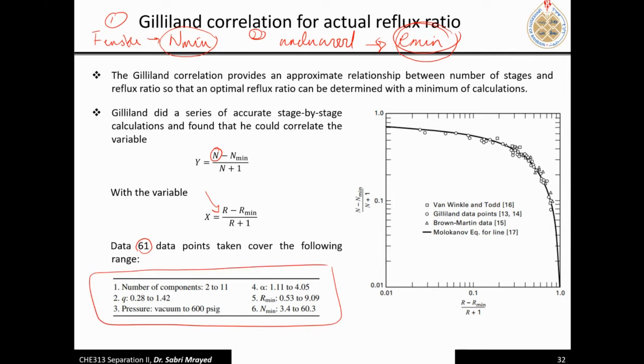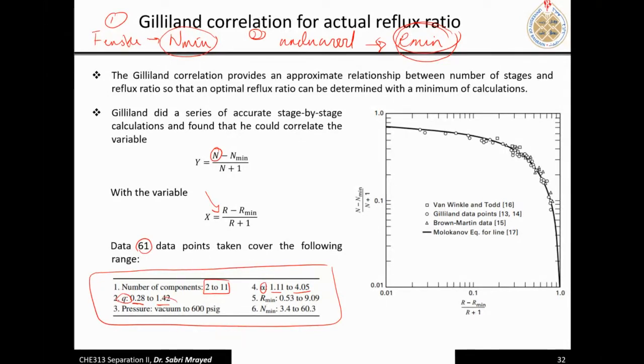As you see, the number of components was between 2 and 11. Relative volatility used in the experiment was between 1.11 and around 4. Q, which is the condition of the feed, between 0.28 and 1.42.